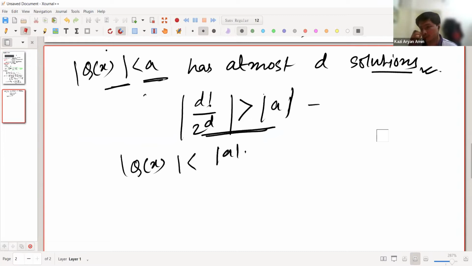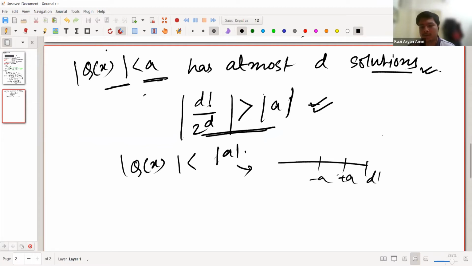So you choose d such that this thing is greater than mod a. What that guarantees is that whenever you have mod q of x less than mod a, suppose a was here, minus it, let's say, and this was d factorial by 2 to the power d, and this was minus d factorial by 2 to the power d, right?